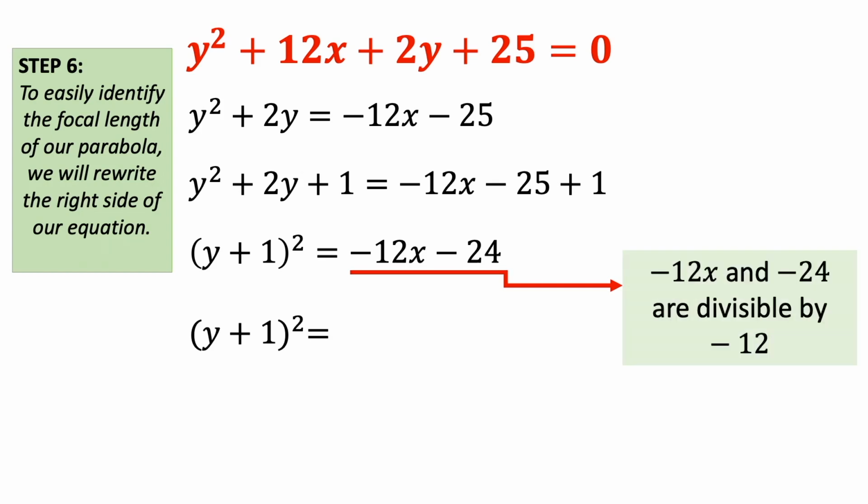Since both negative 12x and negative 24 are divisible by negative 12, we can rewrite the right side of our equation as negative 12 multiplied by the quantity x plus 2.